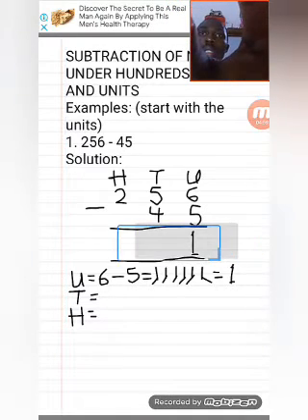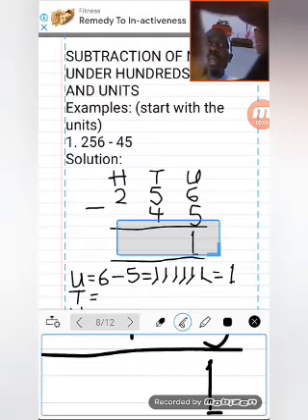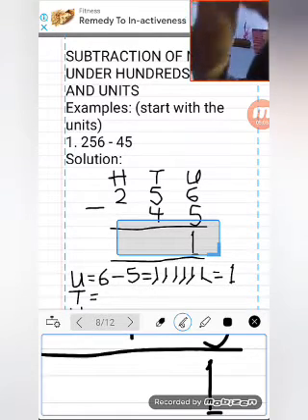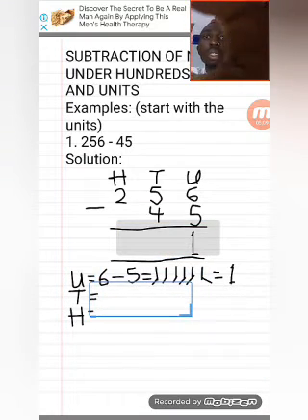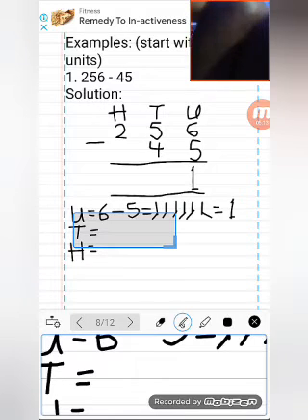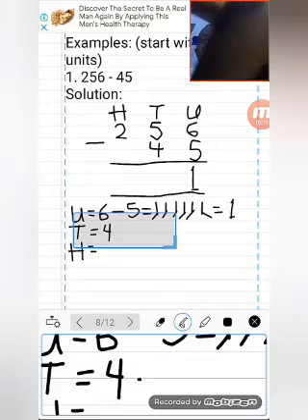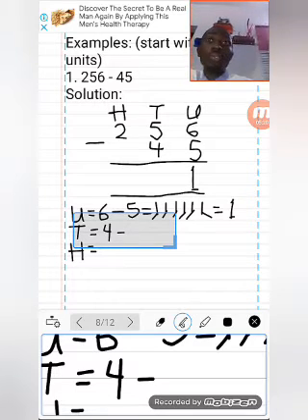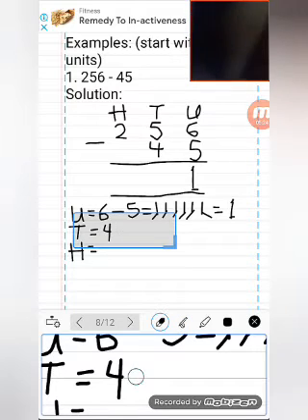Okay, then the 4 minus 5. Let's count that for the tens. That should be 5 minus 4, not 4 minus 5.